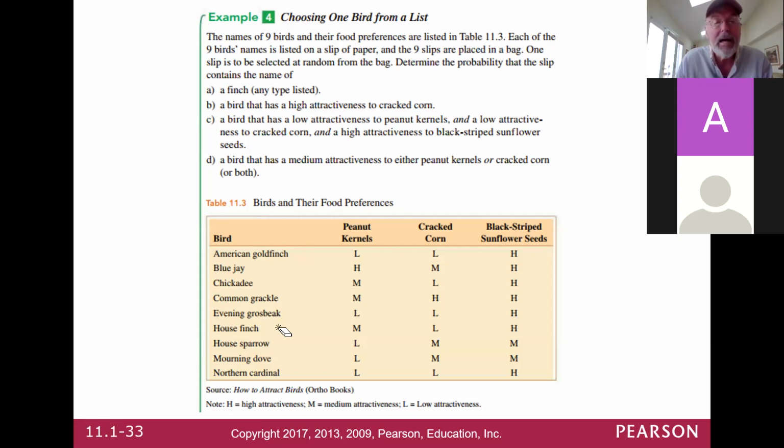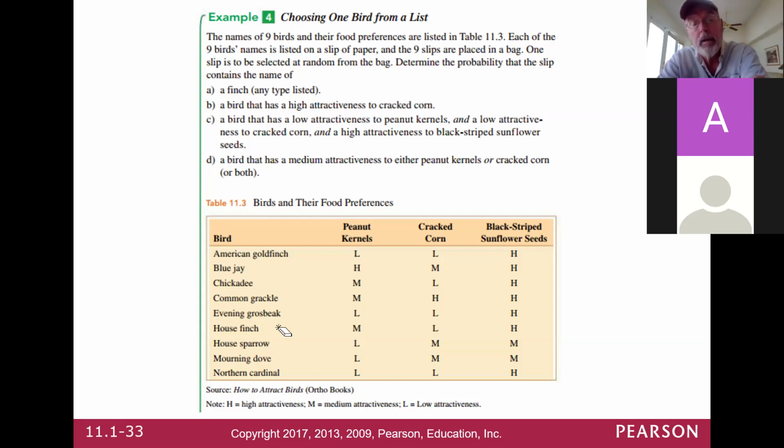A bird that has a high attractiveness to cracked corn. What do you think? 11%.